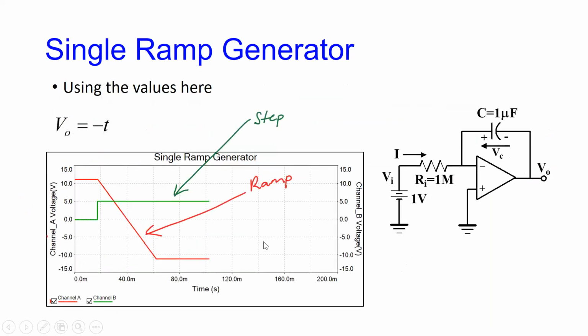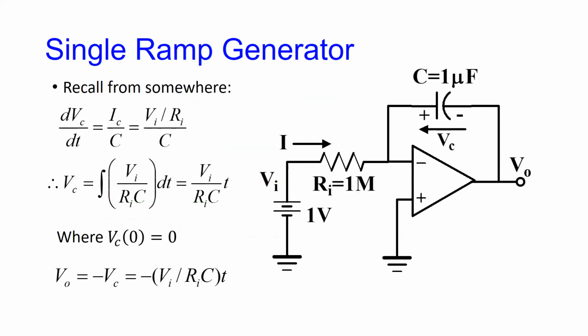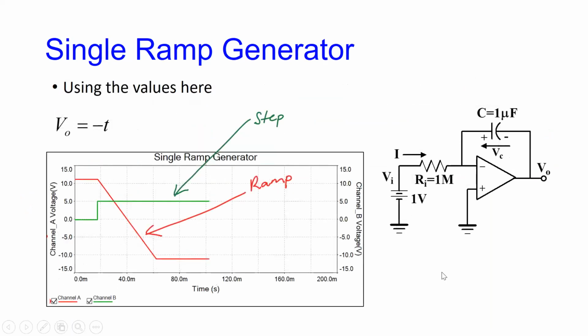If the input to the integrator is positive like this, the integrator integrates a positive step but inverts it, because we have this set up as an inverting arm. So you get a negative-going ramp.